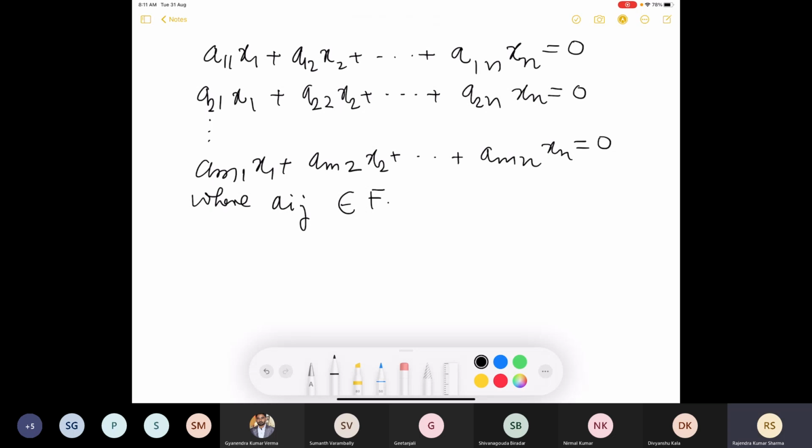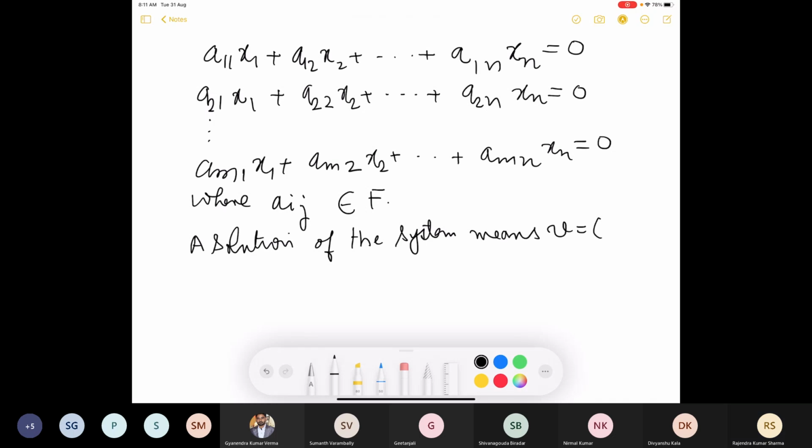The solution of the system means a vector, let us say v, so that if we are interested in solving over F, this is in V, where V is F^n, such that each of these equations is satisfied.